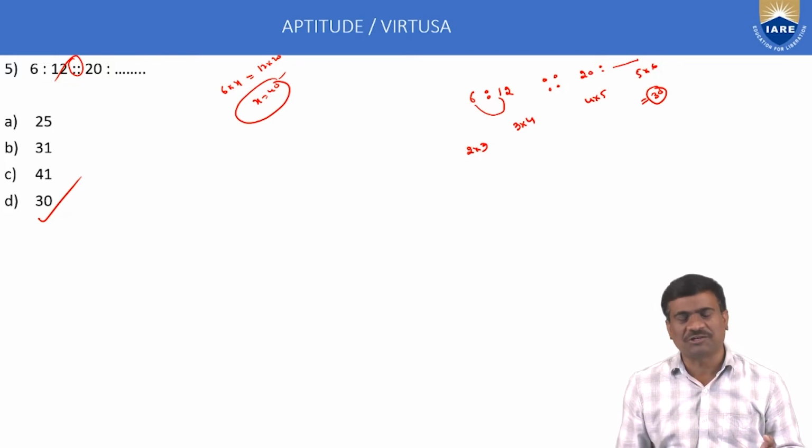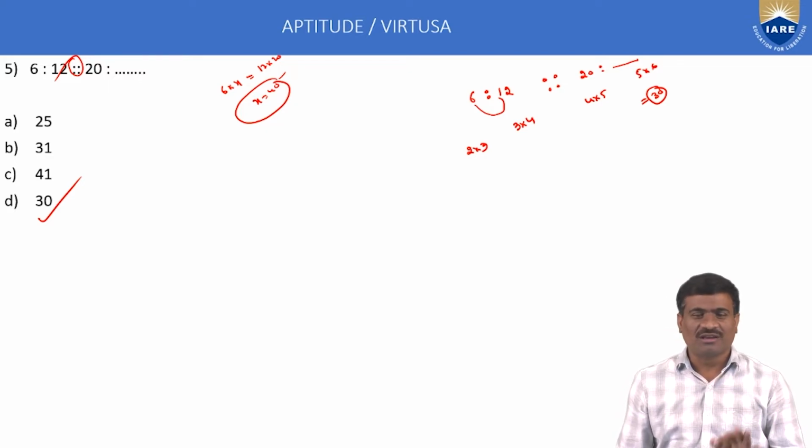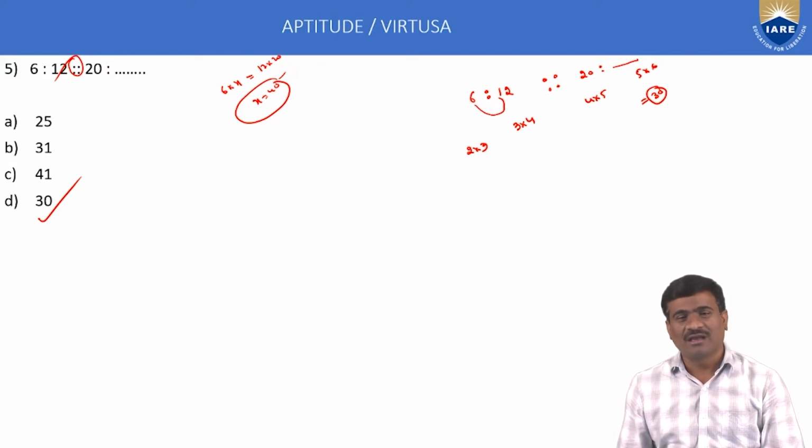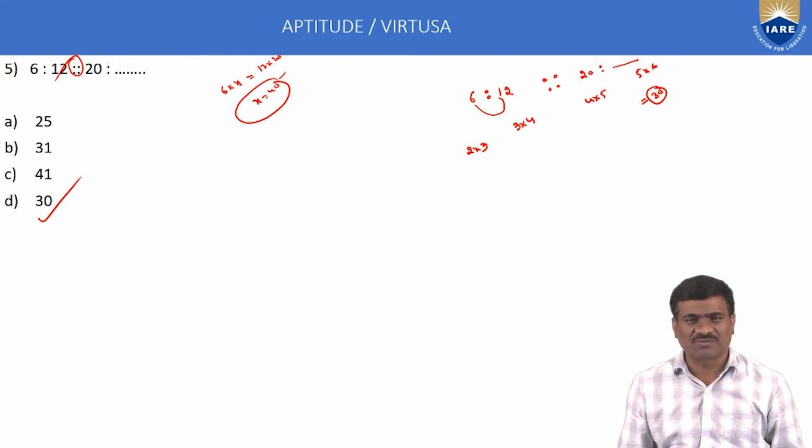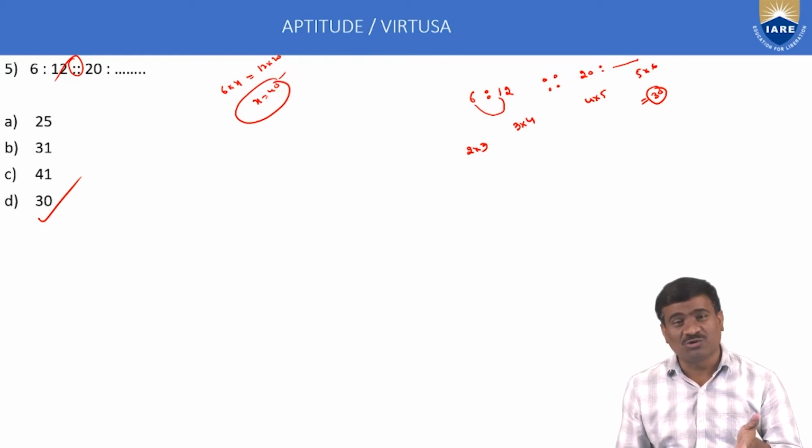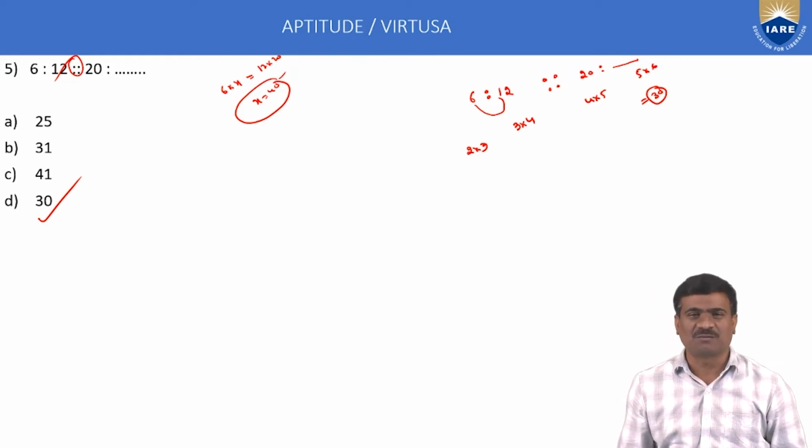Letter analogy, coding and decoding, figure analogy, in reasoning ability. Analogy concept, coding and decoding is called analogy. Letter analogy uses the letter concept. Figure analogy uses diagram based examples.